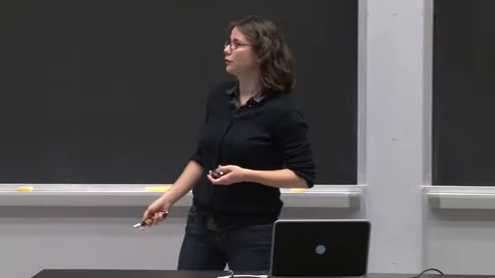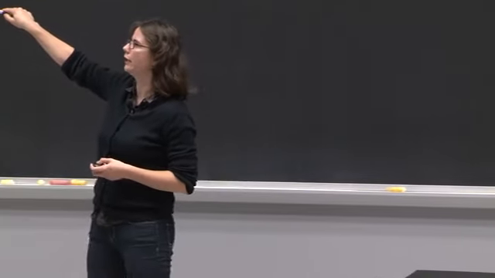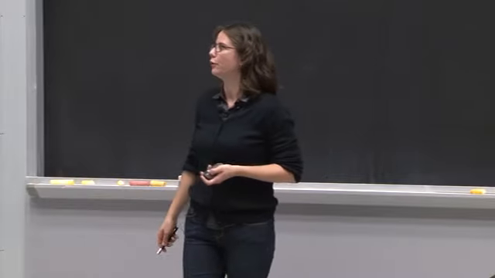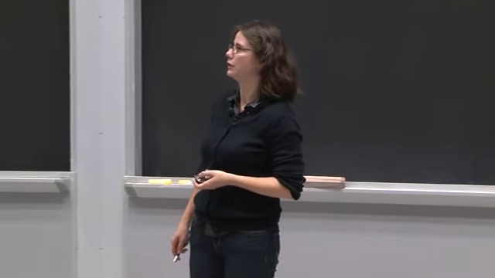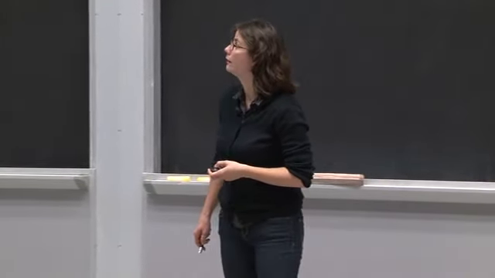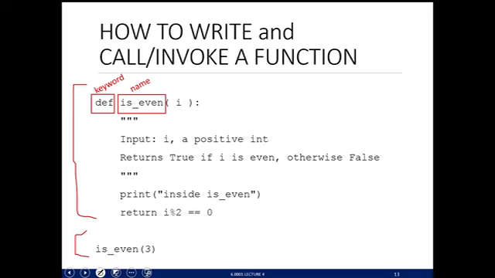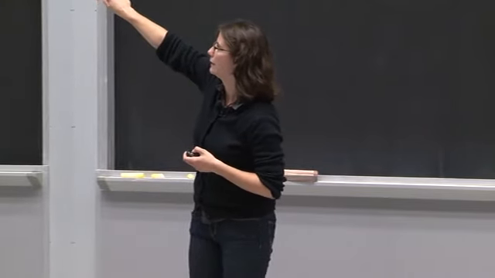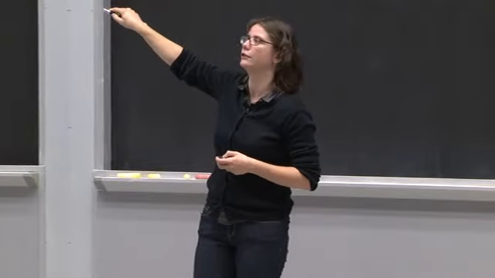And the function name should really be something descriptive, so that someone who's just using this function or looking at it can pretty much tell what it's supposed to do without going a lot farther than just looking at the name. Okay? And then in parentheses, you give it any parameters, also known as arguments. And these parameters are the inputs to the function. And then you do a colon. Okay? So this is the first line of the function definition.